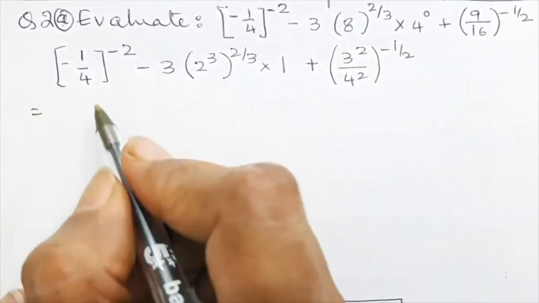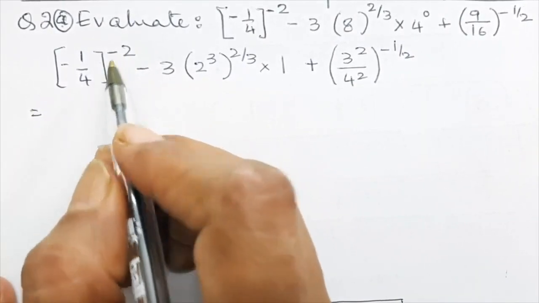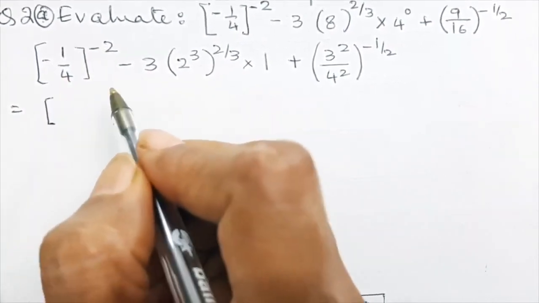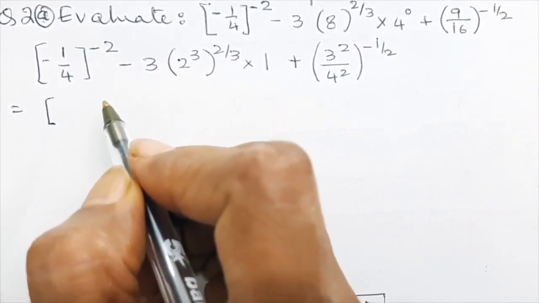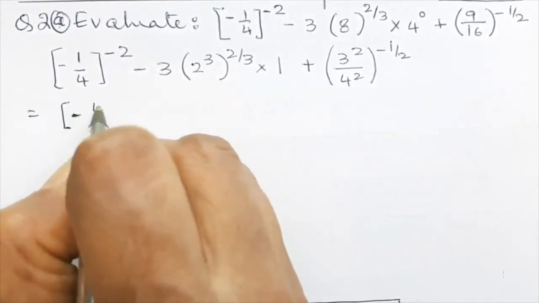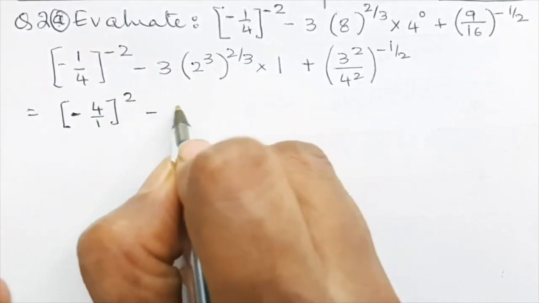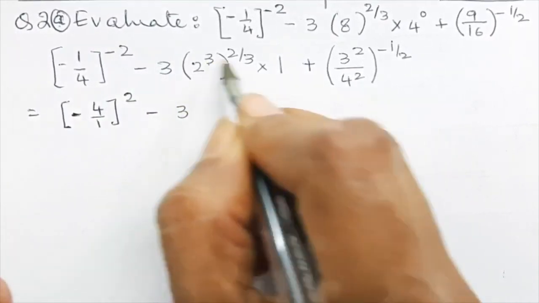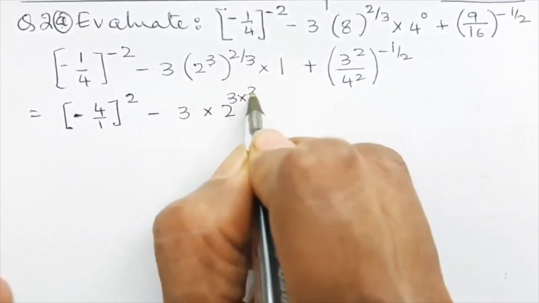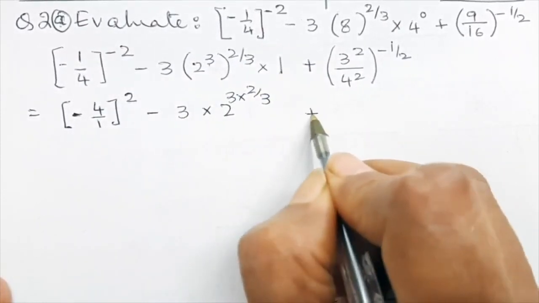That is equal to, now we are going to make this negative power into positive by making a reciprocal of this, because x to the power minus m will be 1 upon x to the power m, right? So it will be minus 4 upon 1 to the power 2, minus 3, and now this and this will multiply, so we will write it like so. This multiplied by 1 does not make any difference.